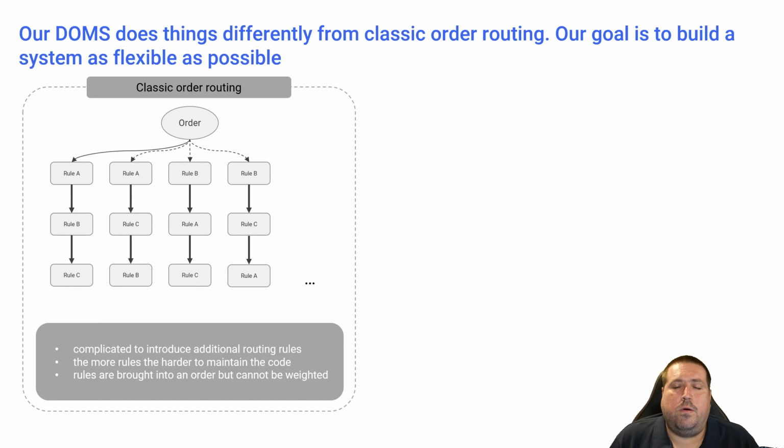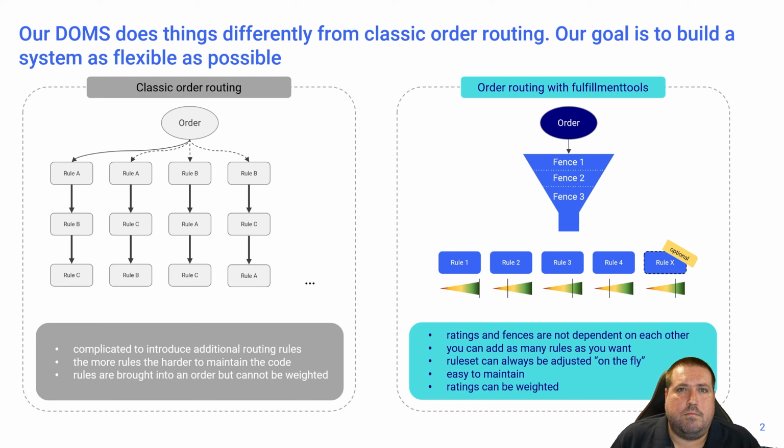Therefore, we took a different approach, and Fulfillment Tools created a two-step process for the order routing, which you can see here. So the order is coming in, and the first step is the fences. You can have as many fences as you want, and the fences are basically knockout criteria. This means the order comes in and will be compared to each available location against each activated fence.